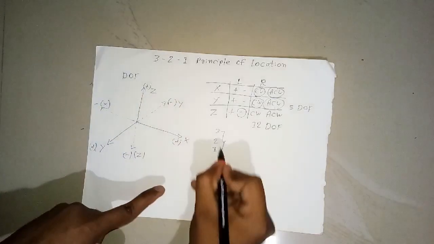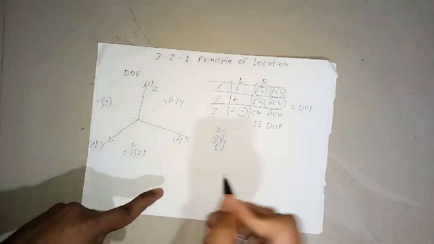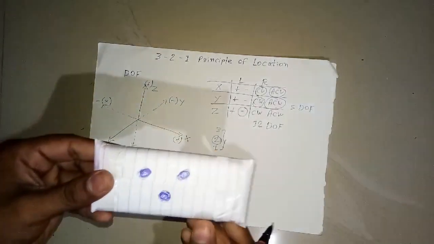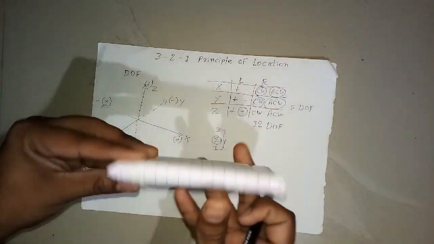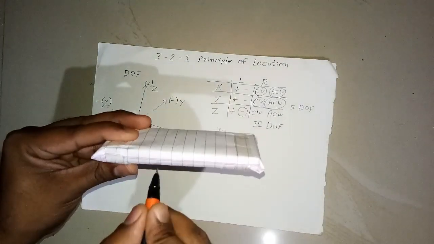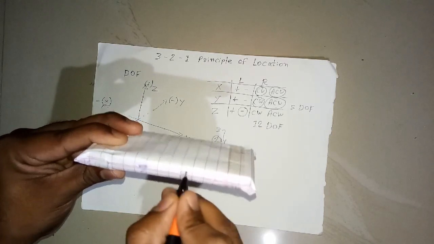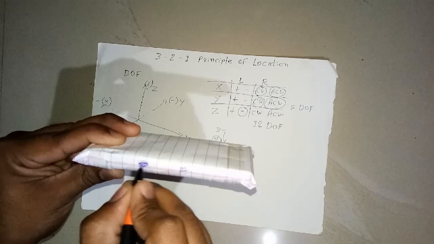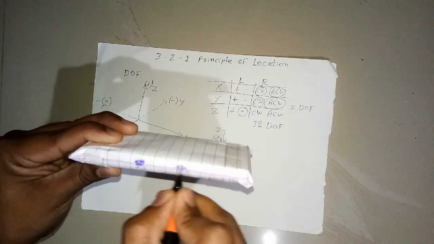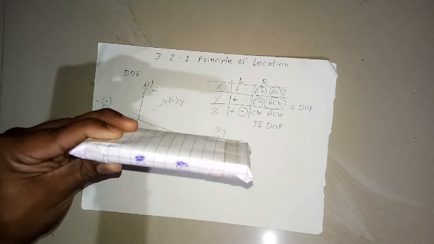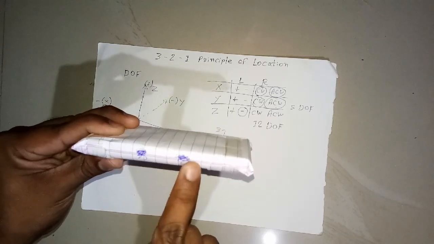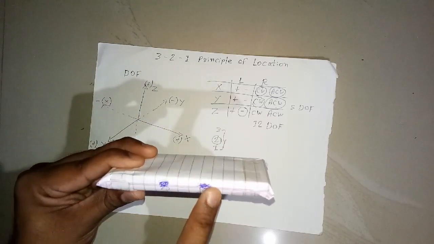Now second, 2 pins. These 2 pins are put on a side of this surface. One pin putting here, second pin putting here. So these 2 pins restrict some motion.